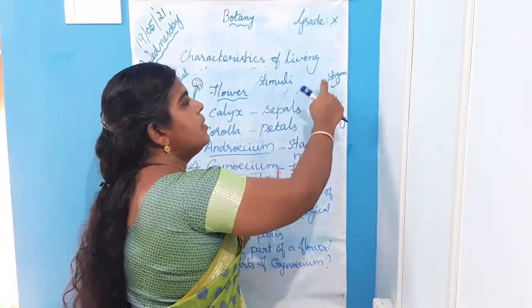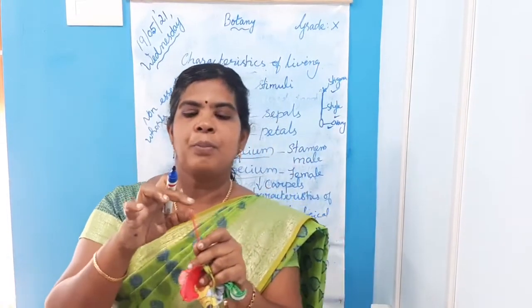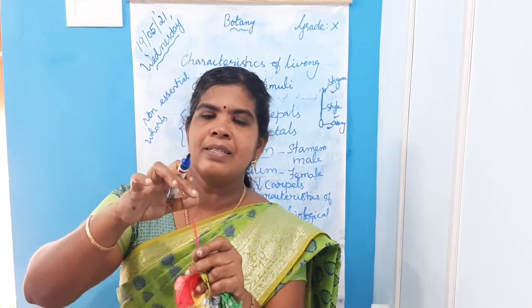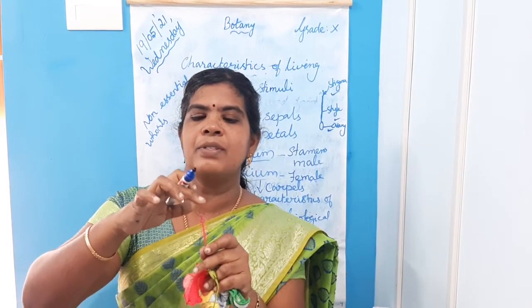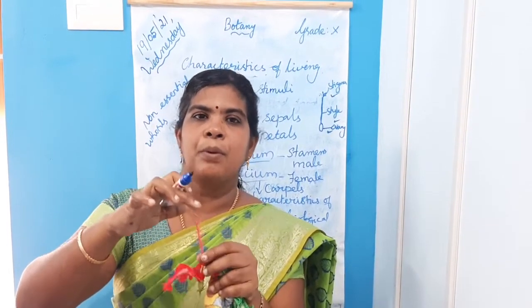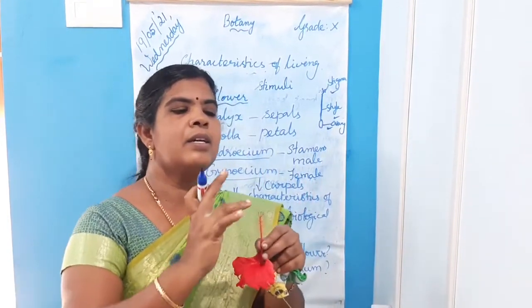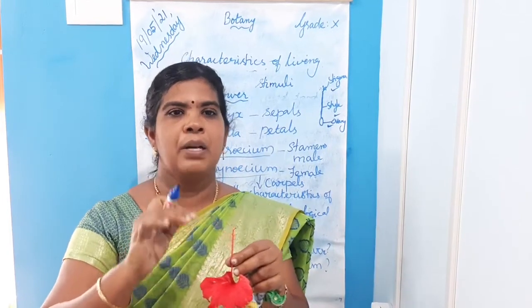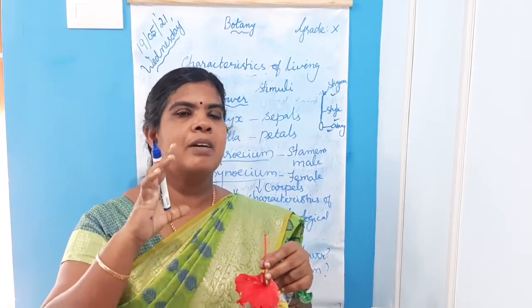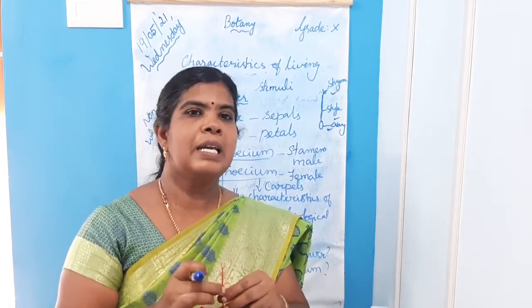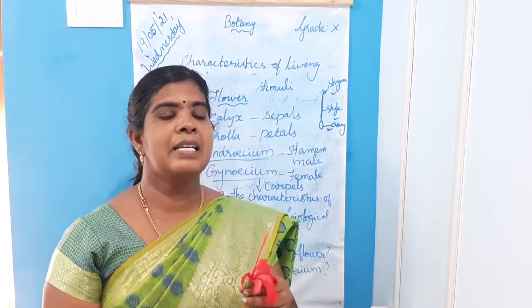Pollination is one of the important processes in flowering plants for their reproduction, followed by the next process, fertilization.